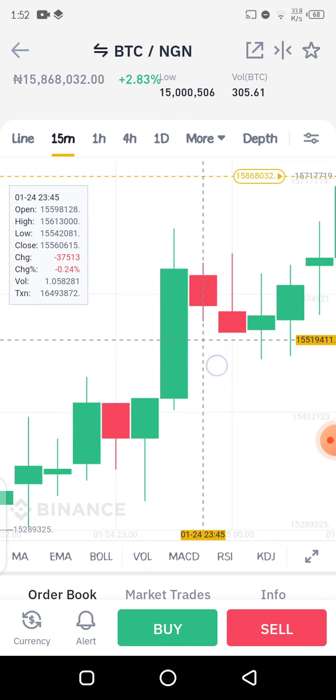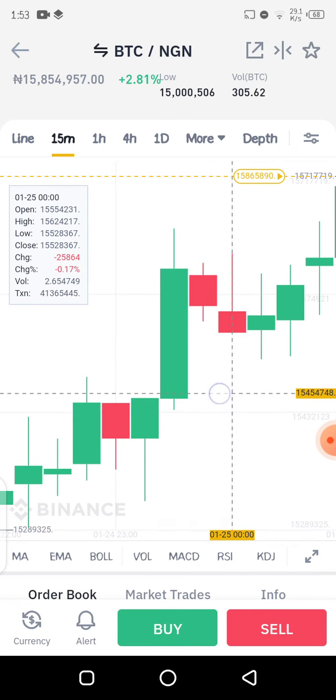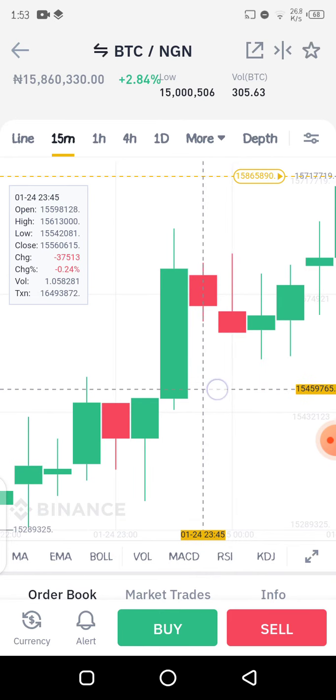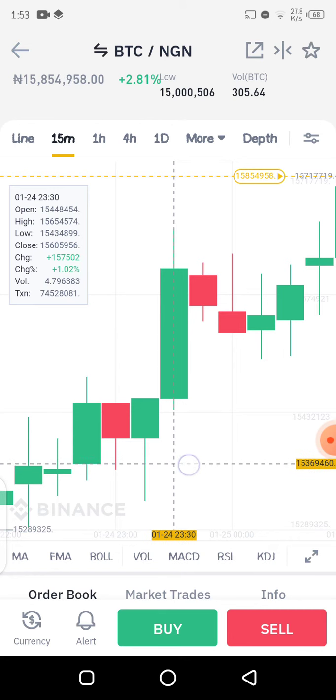There was a lot of buying and selling. When people buy, or when a lot of BTC is bought, it will go up and it will be color green. But when it is sold, it comes down and it's color red.